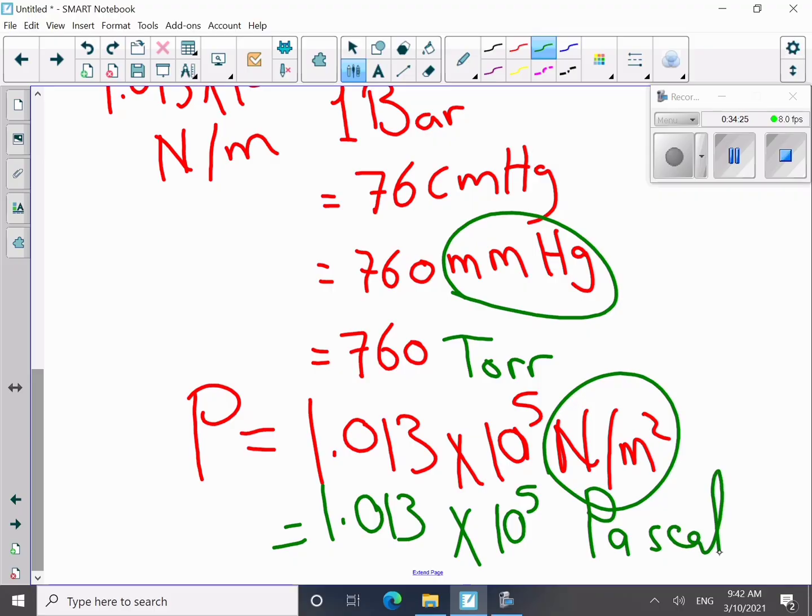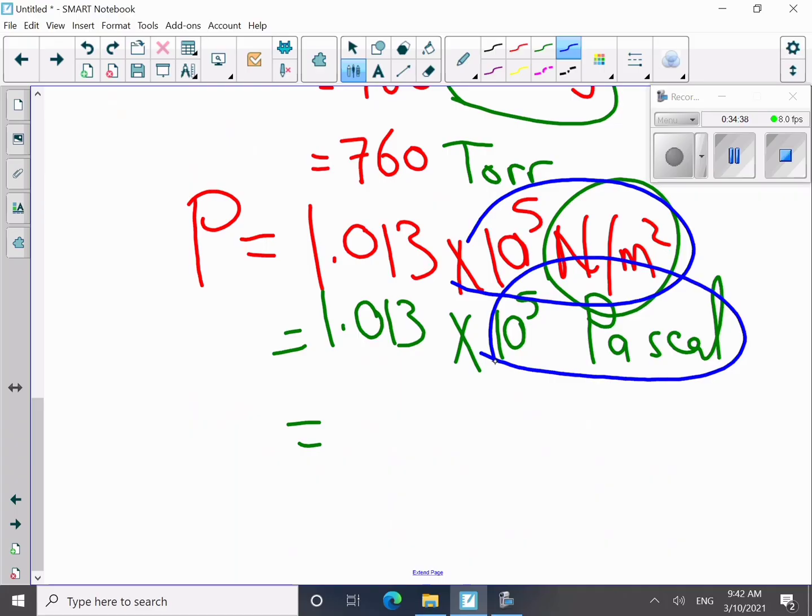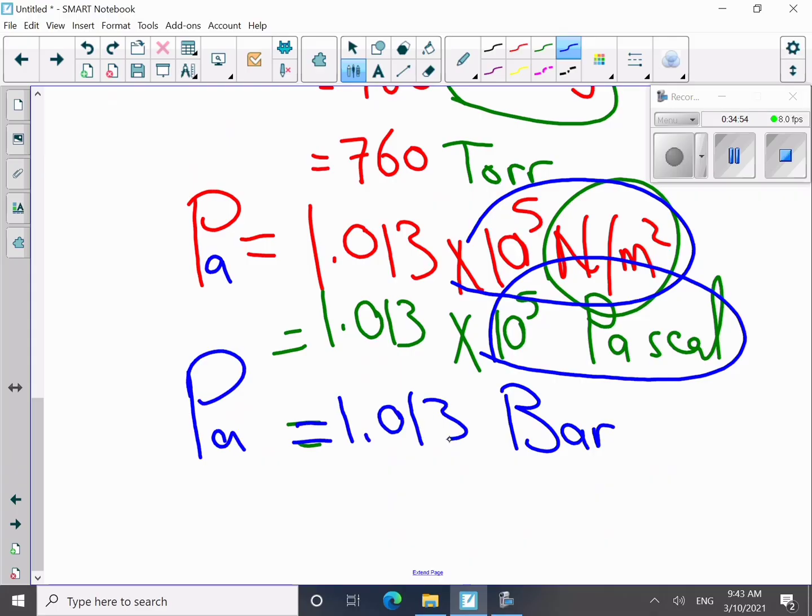Okay? And 10 power 5 Newton per meter square, or 10 power 5 Pascal, can be replaced by the word bar. So the atmospheric air pressure equal 1.013 bar.